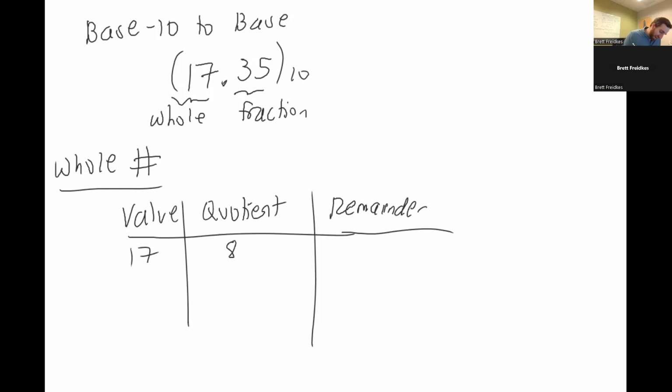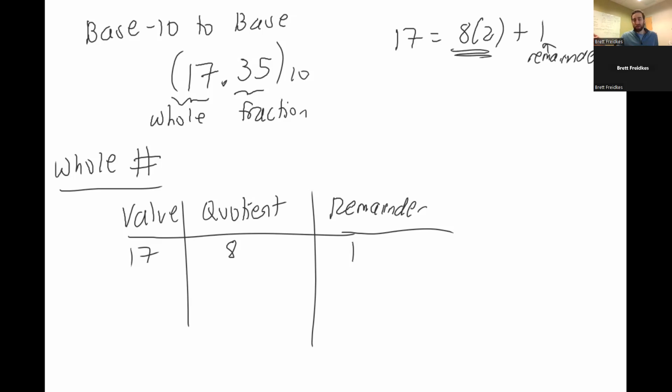That'll be a quotient of 8 with a remainder of 1. Just to write this out, this is 8 times 2 plus 1. This is our perfect group of 2. We have 8 of them, and this is our remainder to get to the 17. Remainder has to be 1 or 0. If our remainder is 2, well, it's just an additional group of 2.